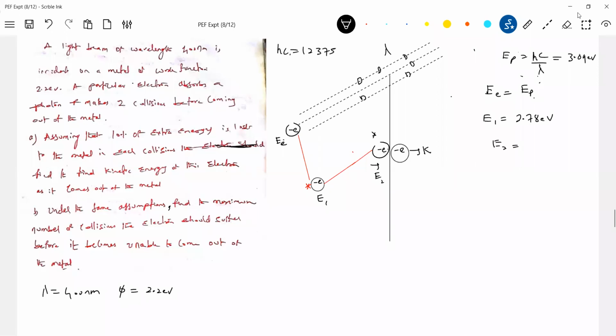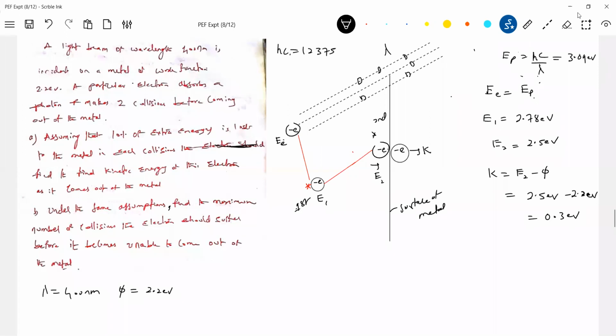Then again 10% of the energy is lost, giving 2.5 electron volt. Finally, it is having 2.5. So the kinetic energy will be E2 minus the work function, 2.5 minus 2.2 electron volt, so this will be 0.3 electron volt. This is the kinetic energy of the electron. Here is the first collision, this is the second collision, and this is the surface of the metal.